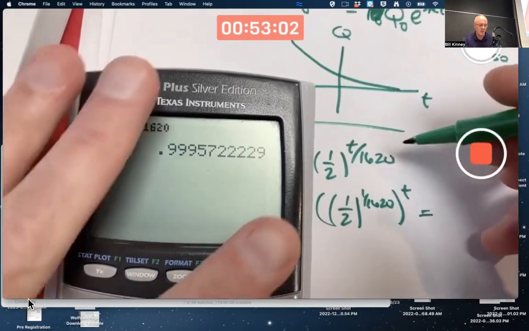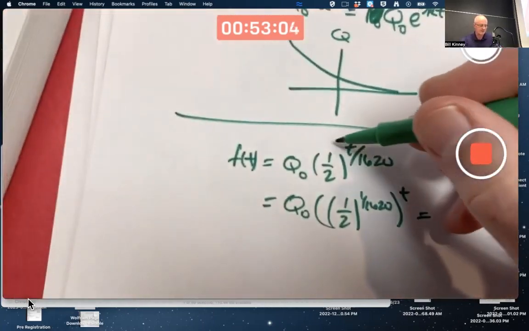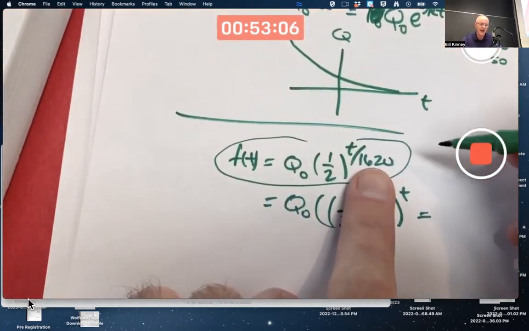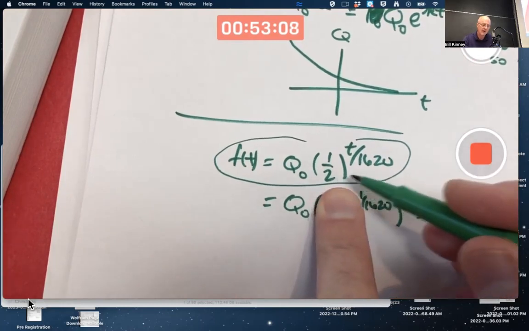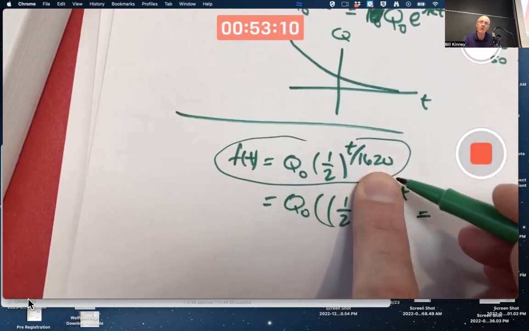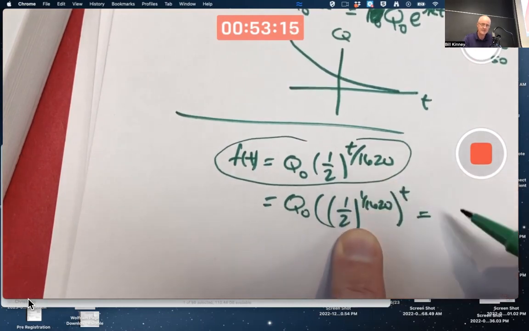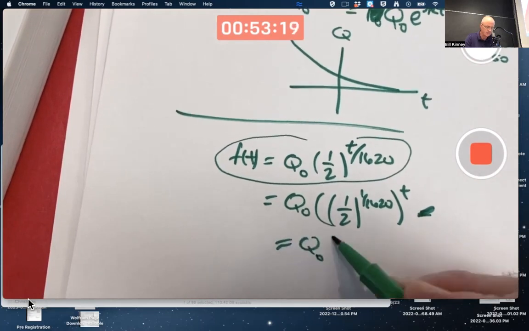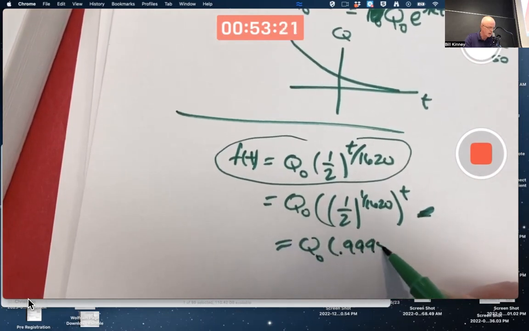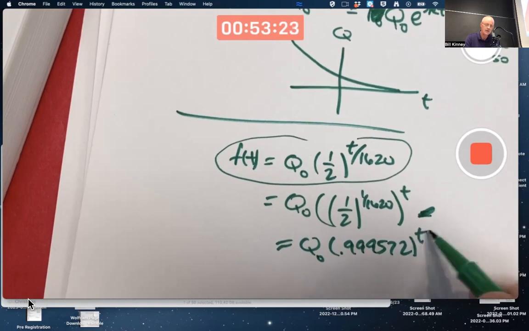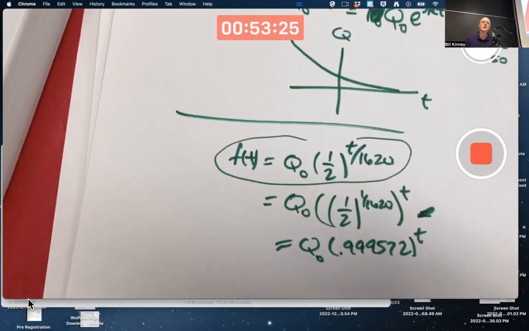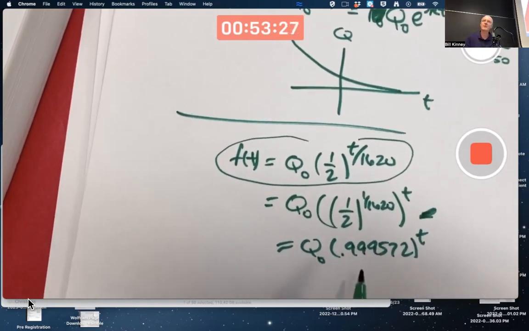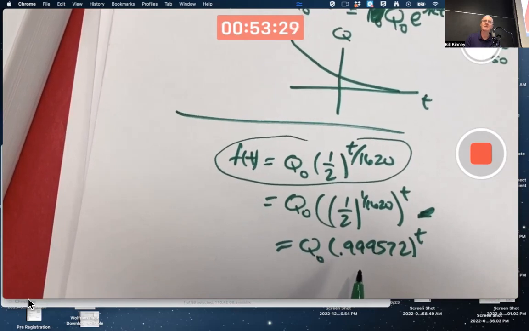This is a convenient way to write half-life functions or exponential decay functions when you know the half-life. You put a 1/2 there and you put T over whatever the half-life is there. And by doing this, you can get the form that's written in the book, which represents a very small percent decrease per year, less than 1%.